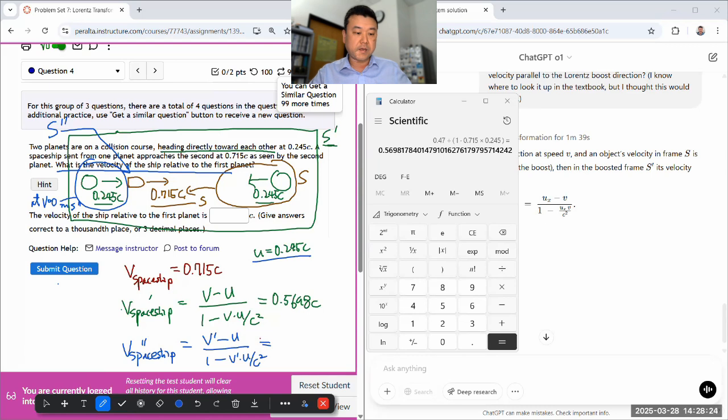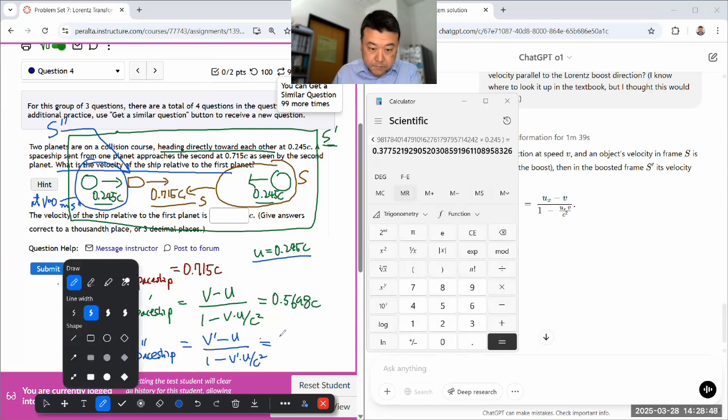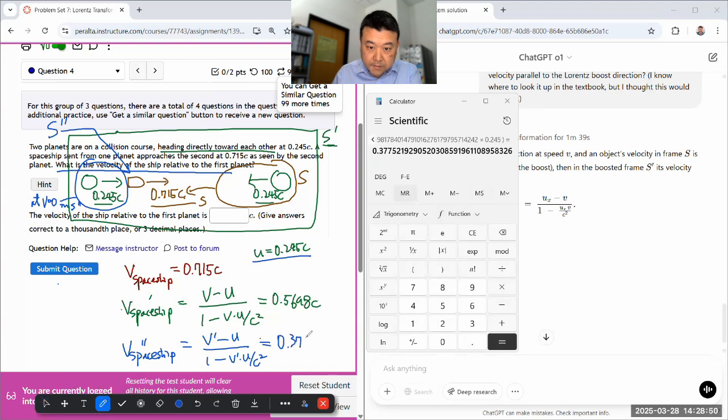So doing that calculation now, I'm going to take this, store this into memory, minus 0.245 divided by 1 minus memory recall times 0.245 is equal to 0.3775. 0.3775 C.